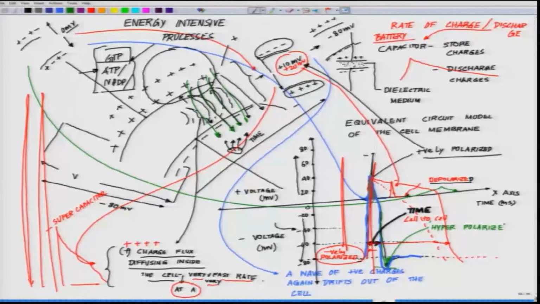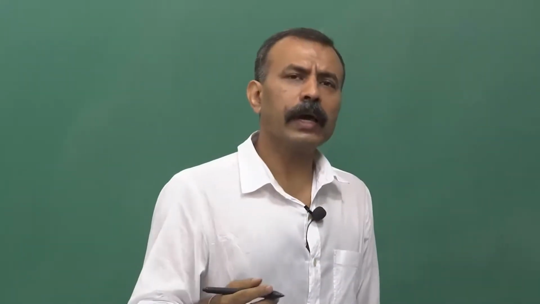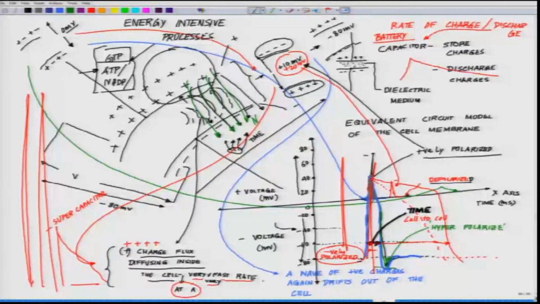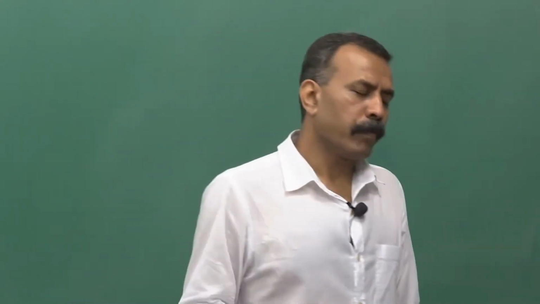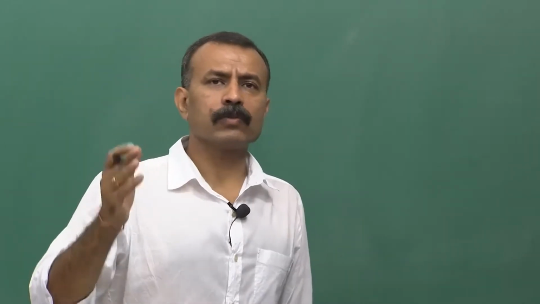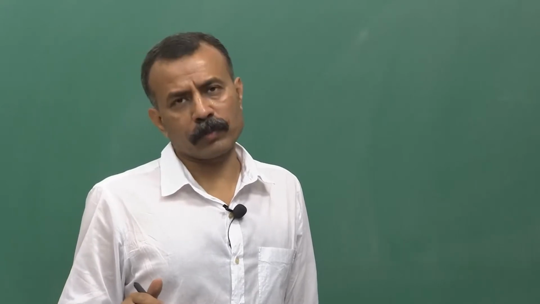And if you look at the outside, which is dominated by positively charged sodium ions, in all likelihood the only ion which can come inside the cell transiently will be sodium. Okay, I mean, we are just developing the story in a systematic way. But then what we observe is that a large amount of positively charged ions goes out. Are those sodium or are those something else?